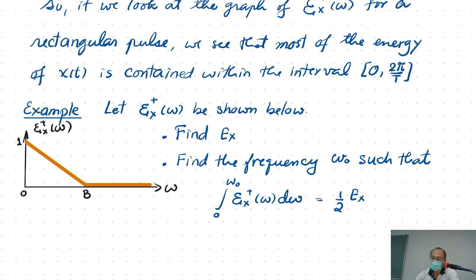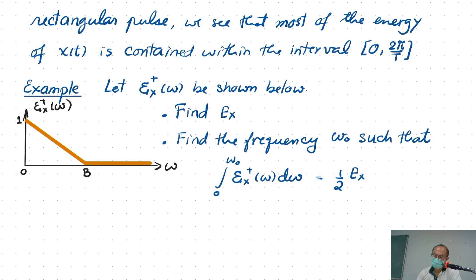So in other words, in part B here, we would like to locate a point on the horizontal axis so that the area is half the total area. We would like to find that frequency for which the energy is half of the total energy.